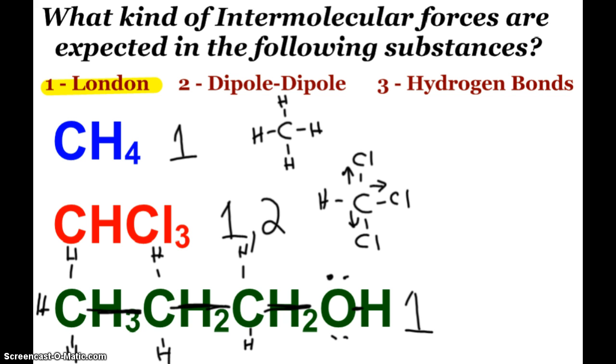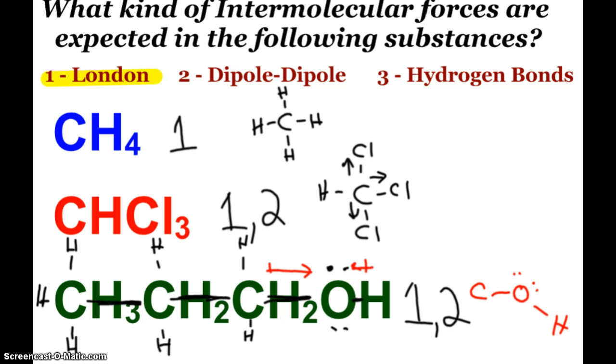So we do have a carbon-oxygen polar bond and a hydrogen-oxygen polar bond. This part of the molecule will actually be bent because of the two lone pairs on oxygen. So those dipoles will not cancel out. In fact, they're pointing towards the oxygen. So yes, this will also experience dipole-dipole interactions.